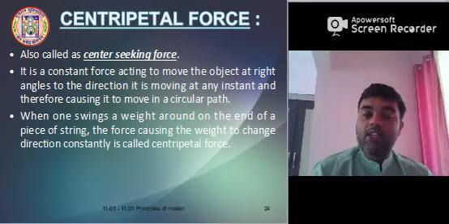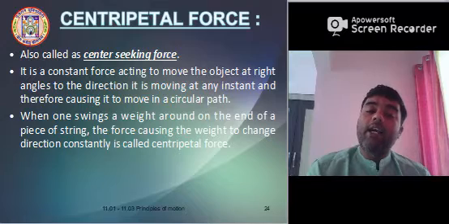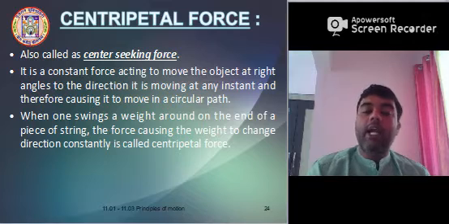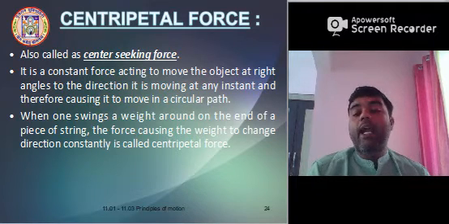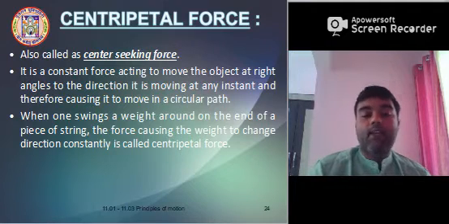Centripetal force, also called center seeking force, is a constant force acting to move the object at right angles to the direction it is moving at any instant, and therefore causing it to move in a circular path.